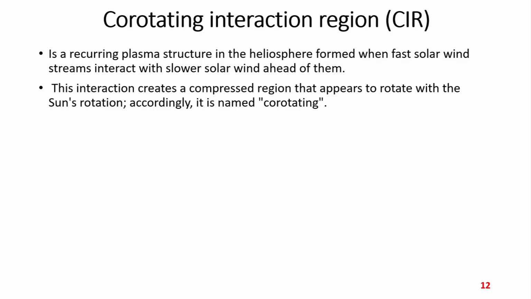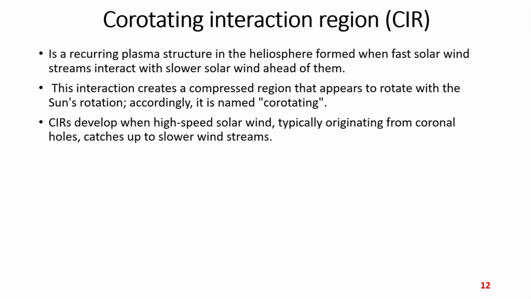Because of these two regions, there is a region called the co-rotating interaction region, and it rotates along with the Sun's rotation and the spiral nature of the magnetic field.